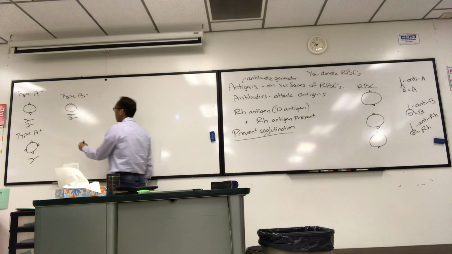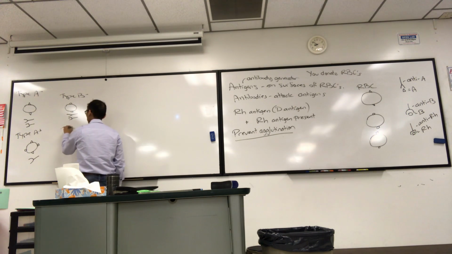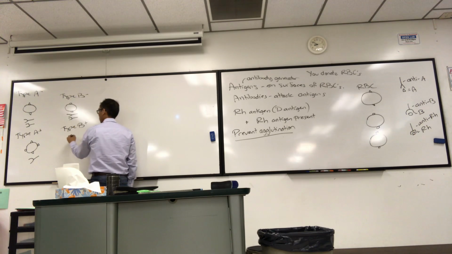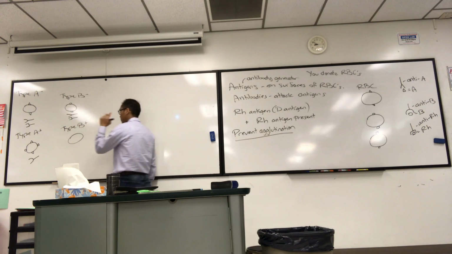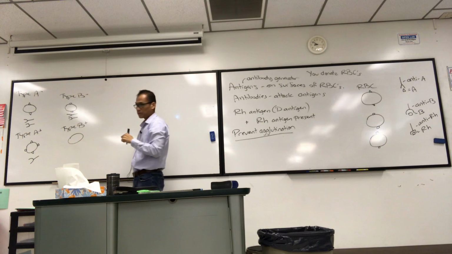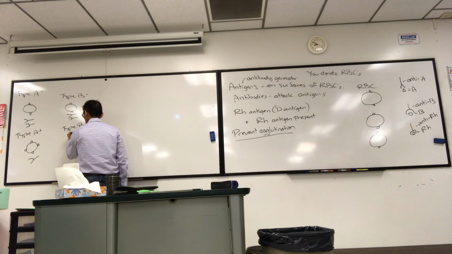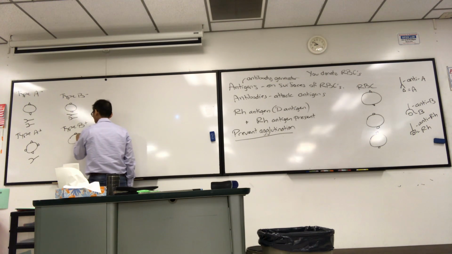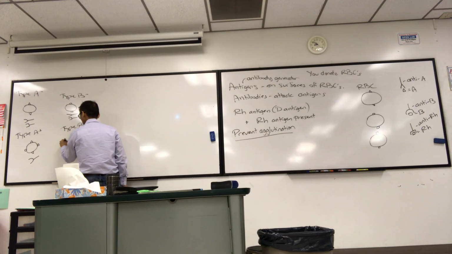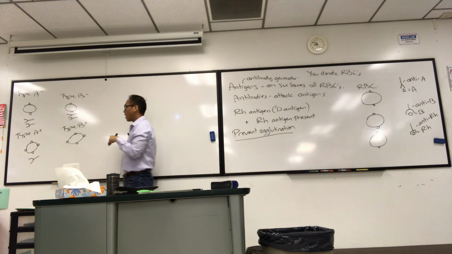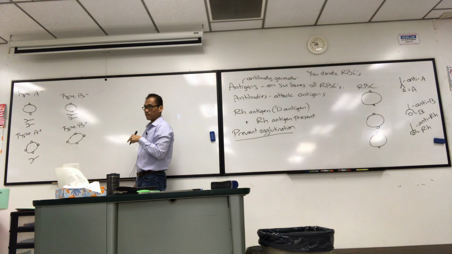So B positive type. You have 2 antigens, B and Rh, so circles and squares. And which antibody would this person have? Against A, antibody A.